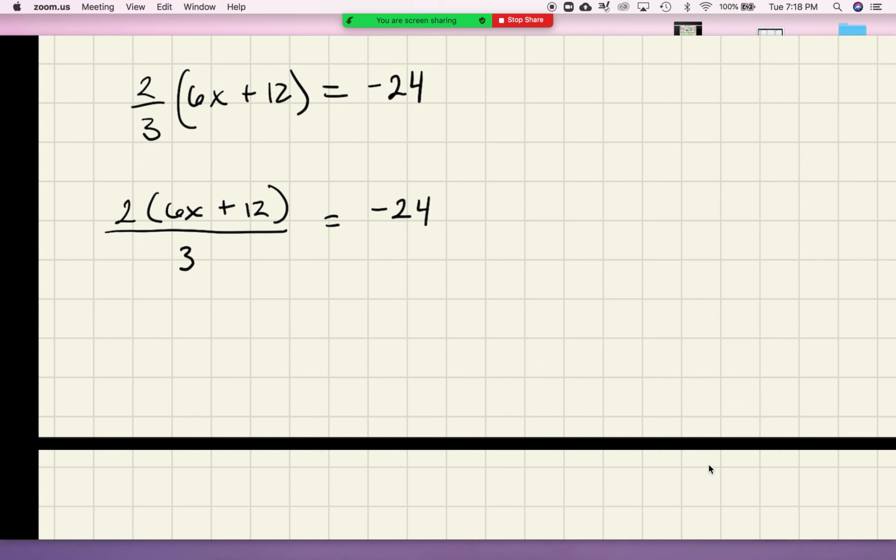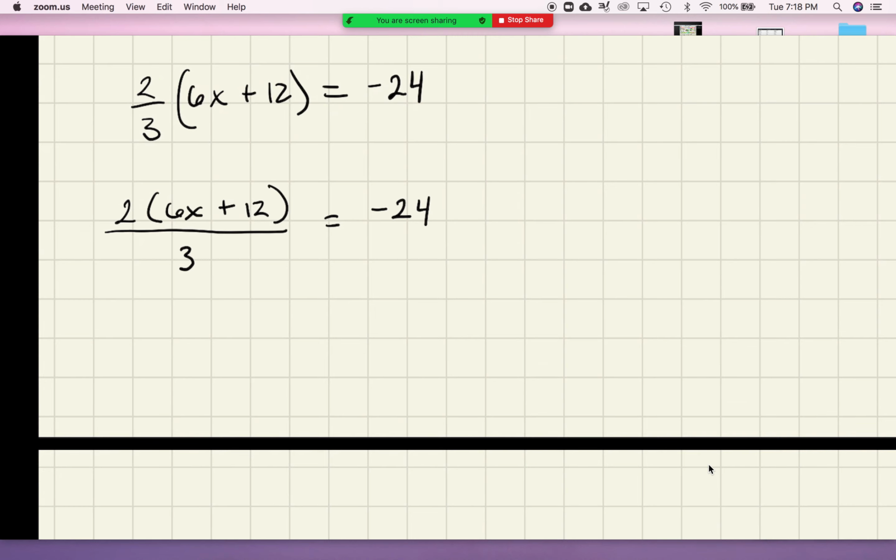Then, I think one thing that they do is distributing. I don't know if you remember, but if you have a number outside of parentheses and there's a plus or a minus, if there's one thing outside and two things inside the parentheses, then you can distribute, which would be like multiplying to each thing.